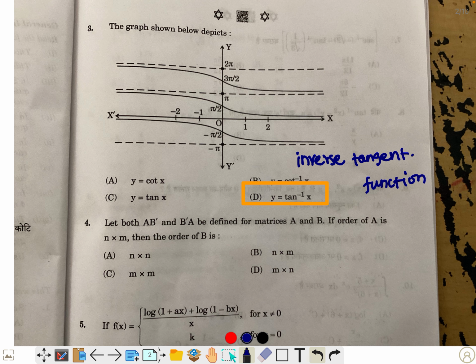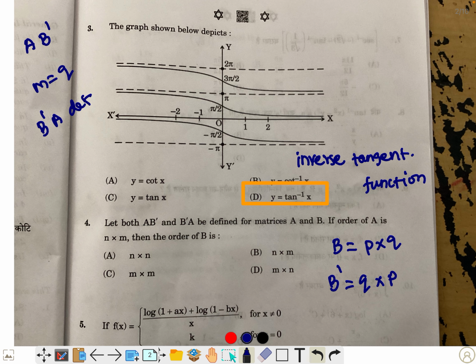If we take B matrix equal to P cross Q, then B dash is obviously Q cross P. So AB dash is defined, so obviously M equal to Q. And then B dash A is also defined, so obviously N equal to P. So what is the answer? N cross M, option B is the correct answer.